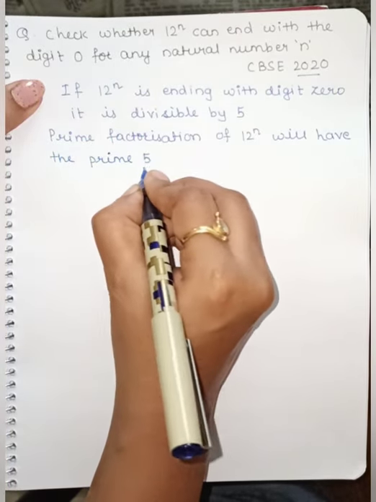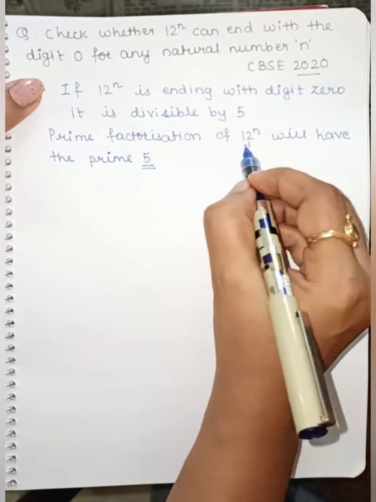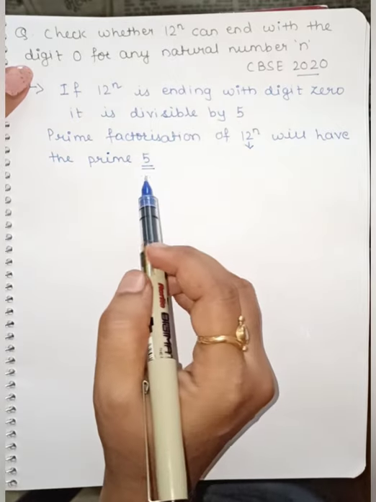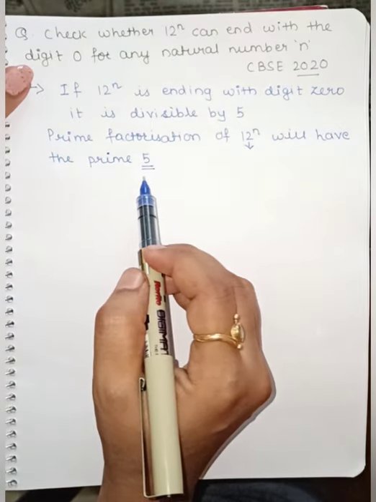Yes, because 5 is a prime number. So if you write the prime factorization of 12 raised to n, definitely in the prime factorization you will be getting the number 5 in it, if the digit is ending with 0. Okay, so then only you will get the prime factorization in which number 5 is also present.